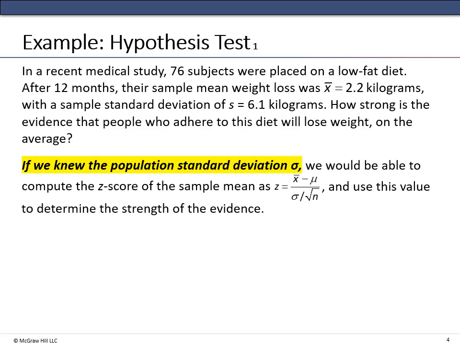If we knew the population standard deviation, we would be able to compute the z-score of the sample mean, as we did in the previous sections of this chapter. Z equals x bar minus mu over sigma divided by the square root of n, the sample size. And we could use this value to determine the strength of the evidence.